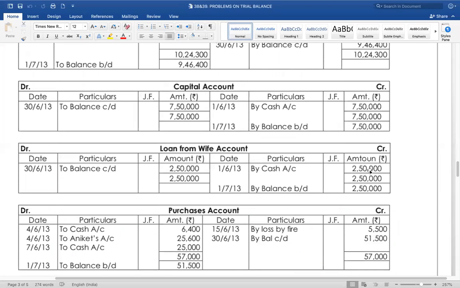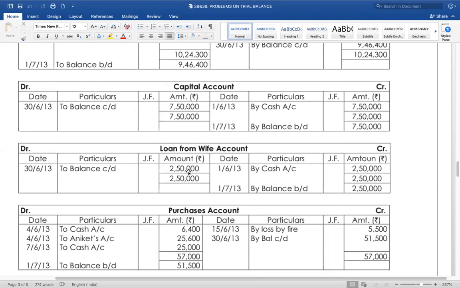So loan account shows credit balance. The credit side is 2,50,000, debit side is nothing. So there's a gap of 2,50,000, and you write to balance carried down, 2,50,000.